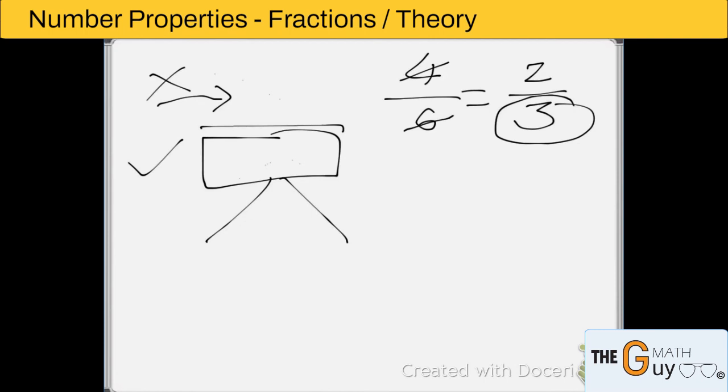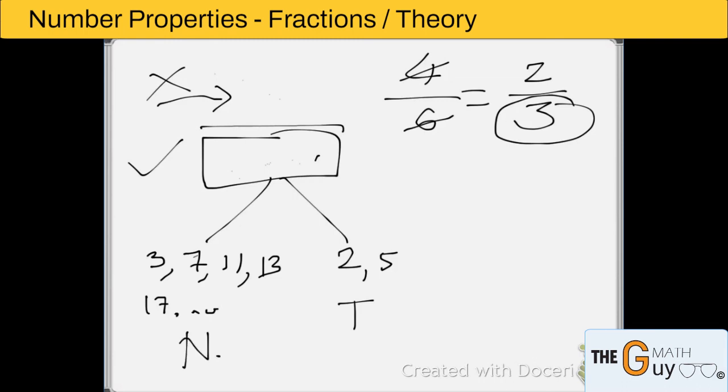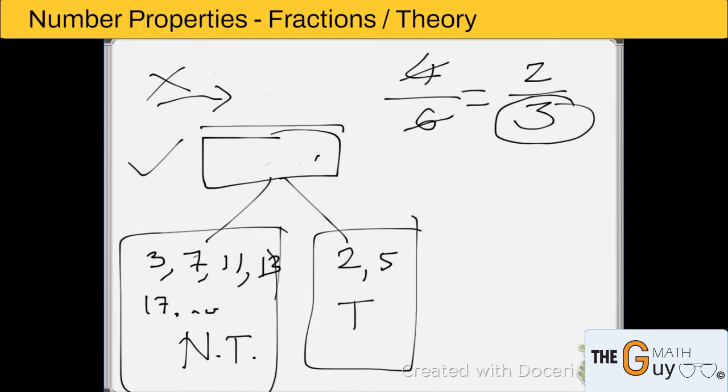If the denominator has prime factors 2 and 5 only, then it's going to be a terminating decimal. If the denominator in the simplified version has leftover prime numbers like 3, 7, 11, 13, 17, and all the other ugly ones, and they haven't cancelled out, these are going to be non-terminating decimals. Okay, so that is a cakewalk. Easy peasy, now you've got it.